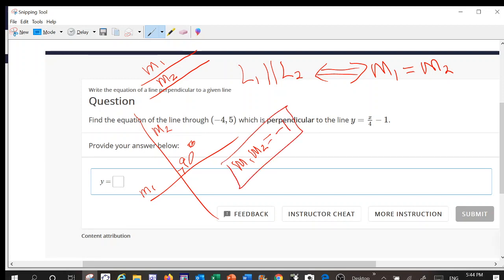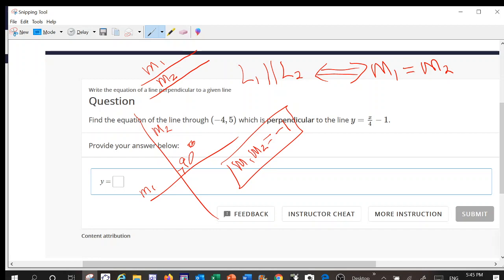If that is true, then the two lines are perpendicular. It's not enough for m1 and m2 to be different. If they're different, we know for sure that the lines intersect. But if they're different and the product is -1, then we can say the lines are perpendicular.